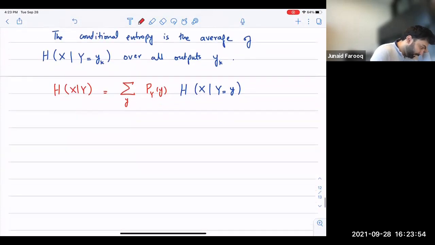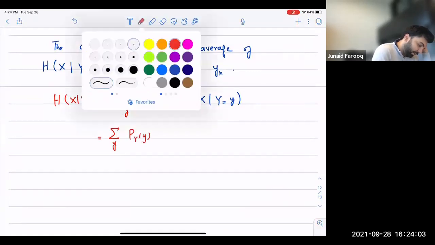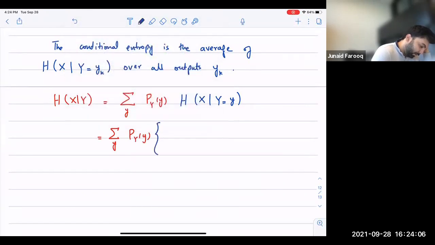So let's develop this further. This will be the expected value over y, but then the H of X given Y equals y can be computed by using the conditional distribution of X given Y. So for all x, we can say the probability of x given y times log of 1 over the probability of x given y.